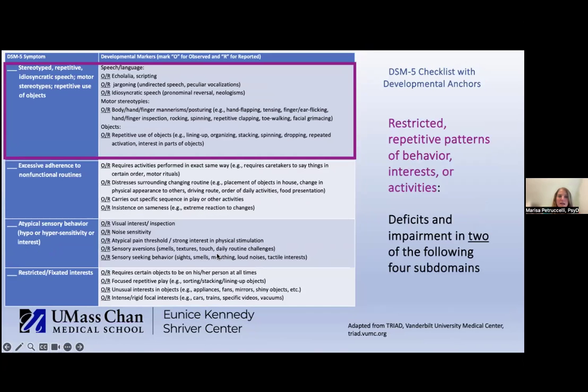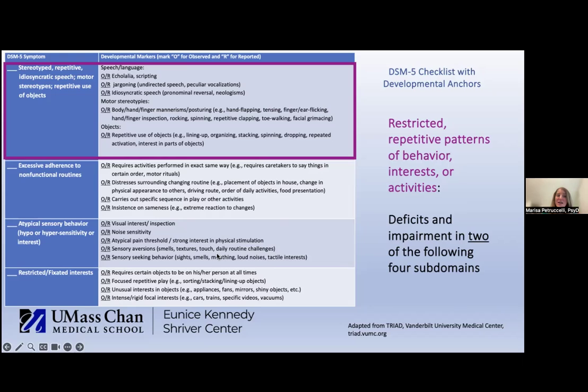Okay, and then the second large domain are these repetitive patterns of behaviors, particular interests or activities. And here first, we look at repetitive play, use of language, and motor mannerisms that may be repetitive. So here you have sort of scripted speech or echolalic speech, repetitive speech, speech that might be difficult to understand or jargony in some way.